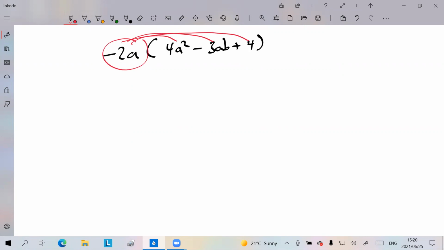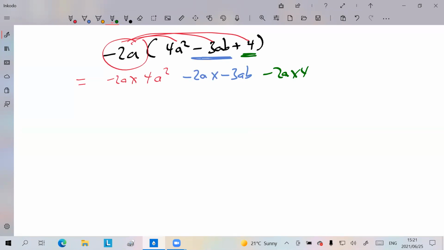It's three different multiplication steps in one problem. I'll write it down here, but later on I'm not going to show each step like this. It's time consuming, but there's nothing wrong with doing each step. It's safer. So it's minus 2a times 4a squared. That's step 1. Then it's minus 2a times minus 3ab. That's the next step. And finally, you've got minus 2a times 4.